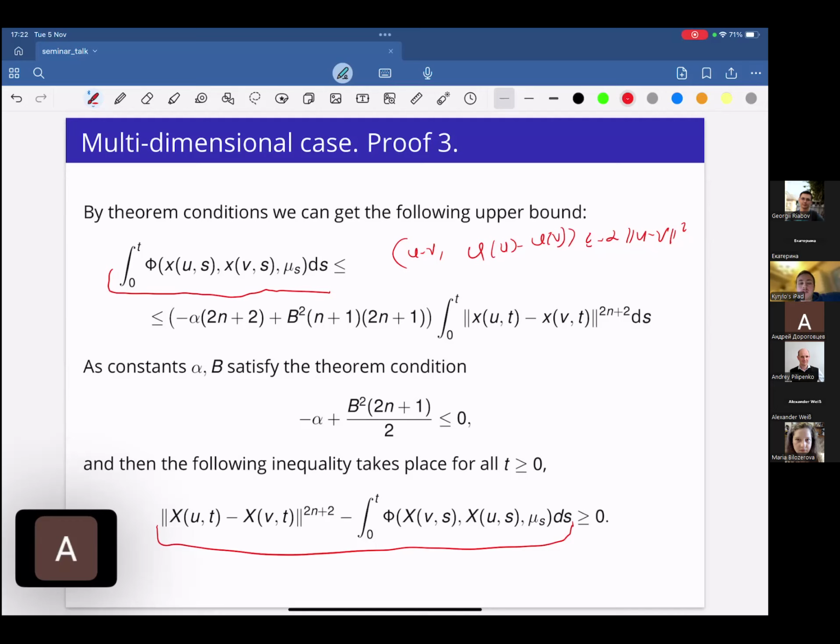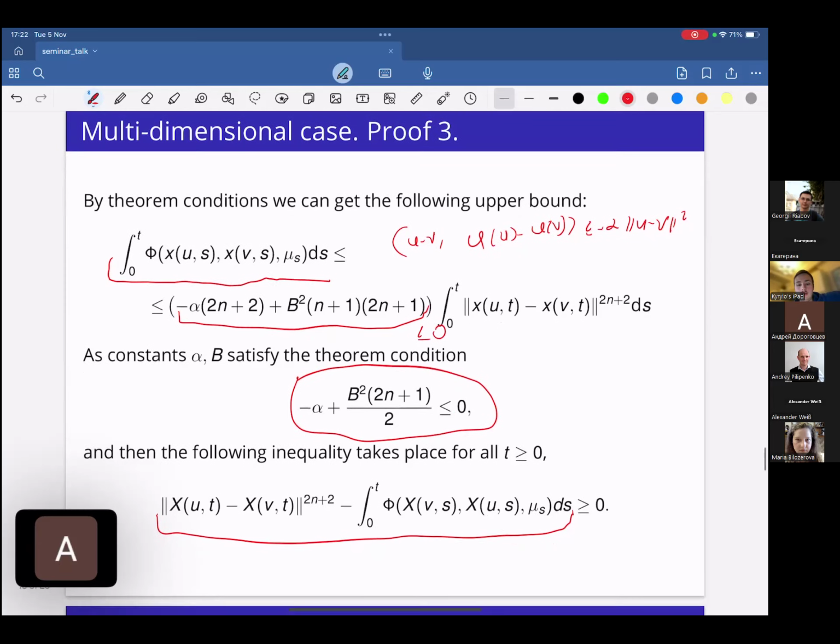And the third requirement in the proof is that this thing is less than zero. So this term is also non-greater than zero. And in such a case, we know that this whole thing is non-positive, and then such a norm minus this drift term is greater than zero.